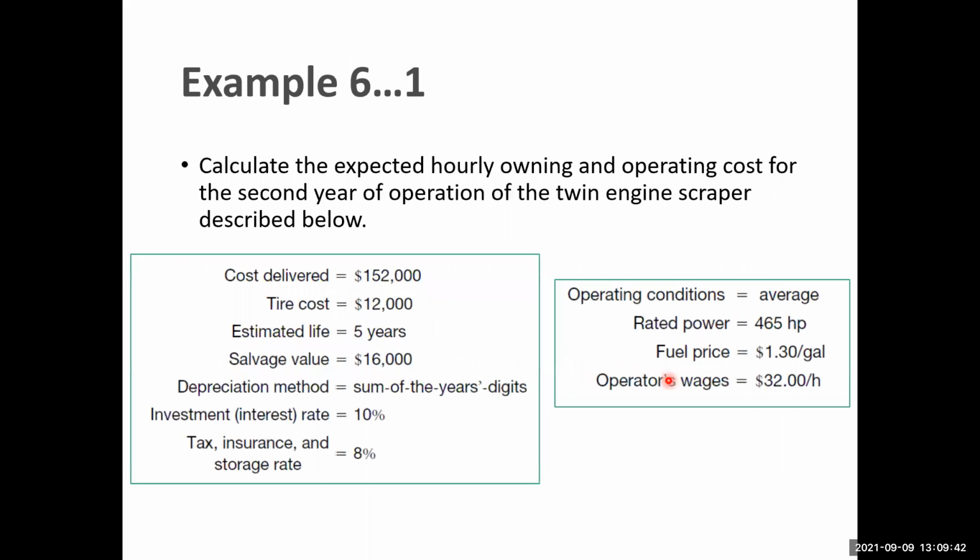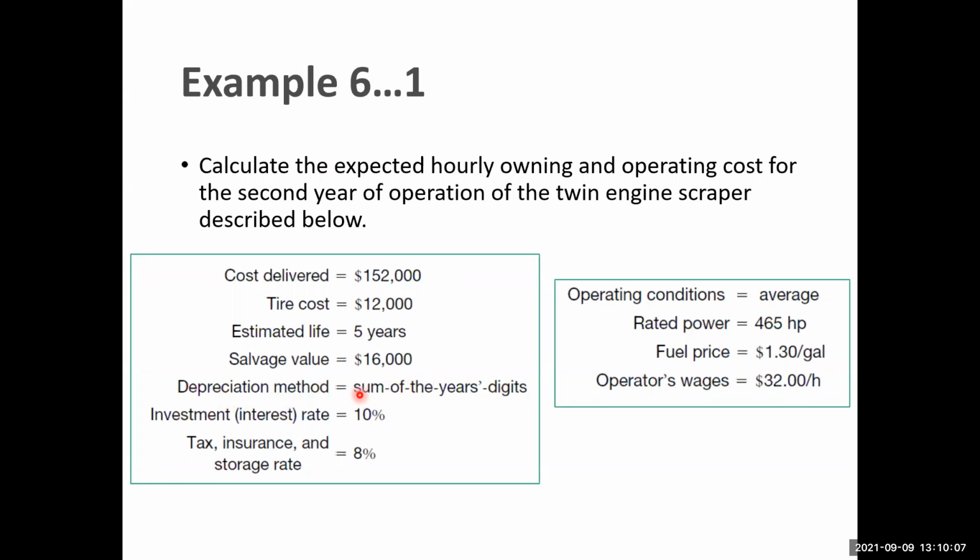Okay, so now let's look at example number 6. Calculate the expected hourly owning and operating cost for the second year of operation of the twin engine scraper described below. The delivery cost is $152,000. Its tire cost is $12,000. Estimated life is 5 years. Salvage value is $16,000.